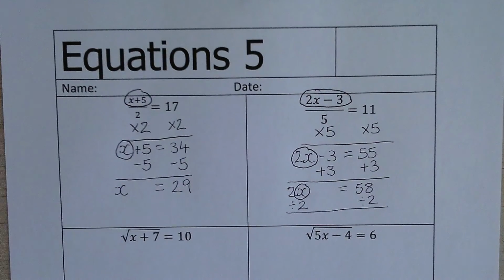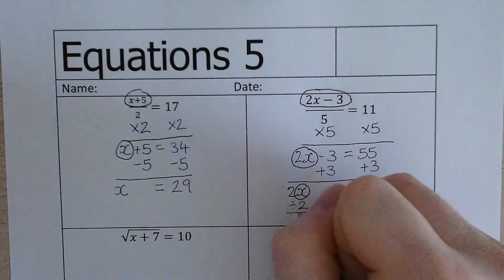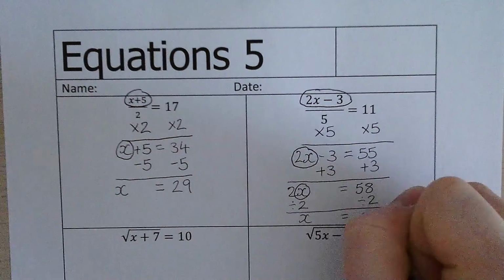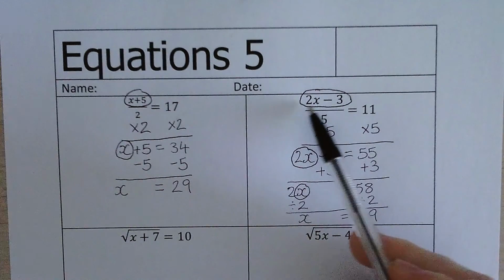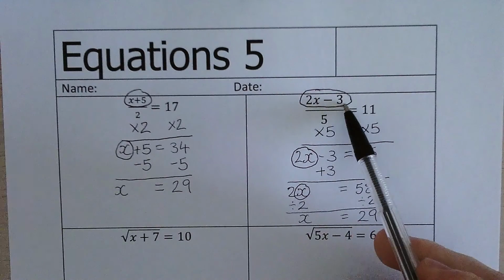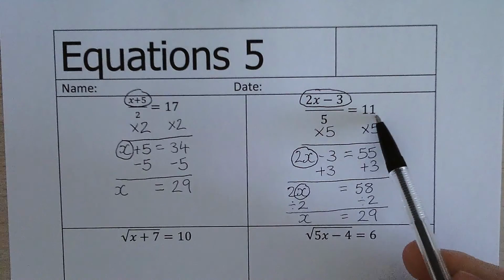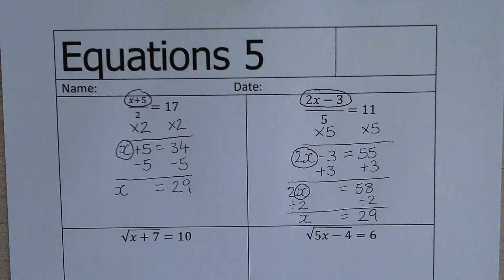Dividing both sides by 2 is going to give us x = 29. So our answer for this question, and again we can check it, is 29. 2 times 29 is 58. 58 take away 3 is 55. And 55 divided by 5 gives us 11.